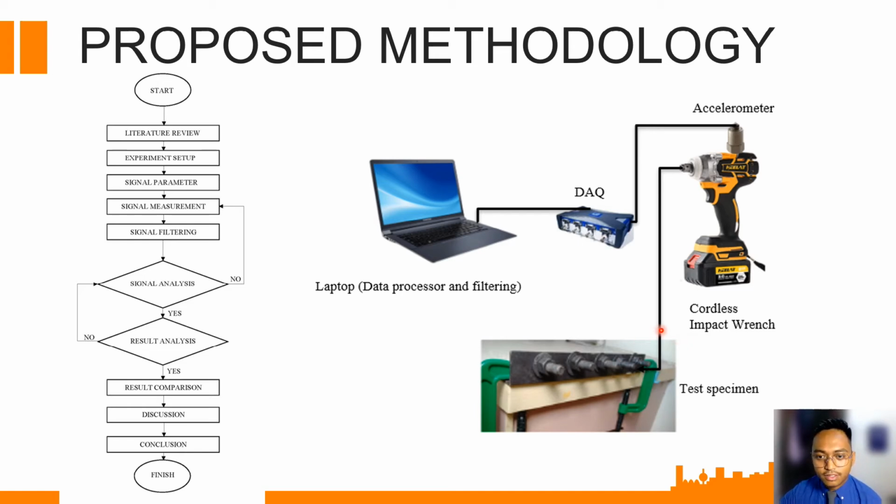While the wrench is loosening the nut, the vibration that occurs in the process will be recorded using the accelerometer. Thus, the DAQ will record the vibration signal and keep it.